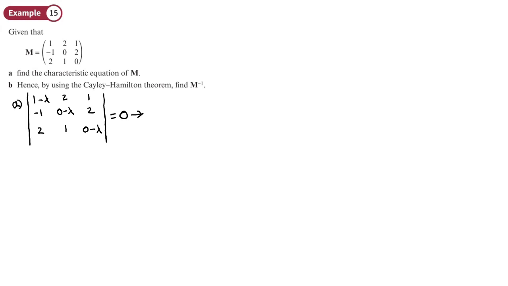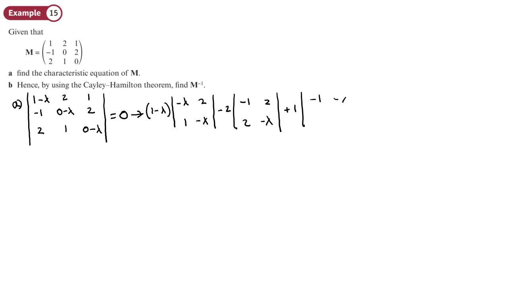So the determinant is going to be 1 minus lambda times its minor, which is negative lambda, so I won't write the 0, 2, 1, negative lambda. Then minus 2 times its minor, so that's going to be negative 1, 2, 2, negative lambda. And then plus 1 times its minor, and that's going to be negative 1, negative lambda, 2, 1, and all that equals 0. So let's now multiply that out and work out these determinants.